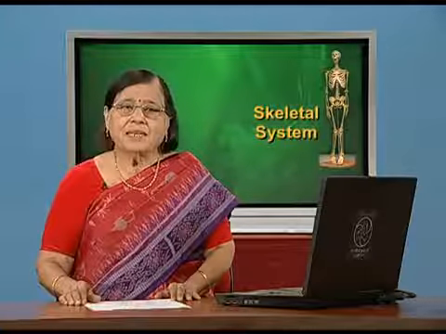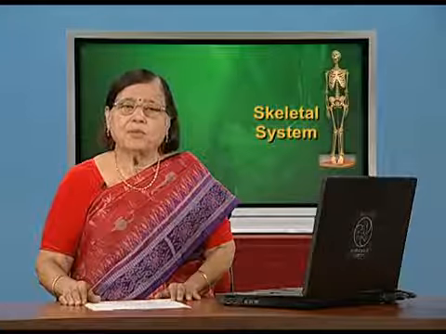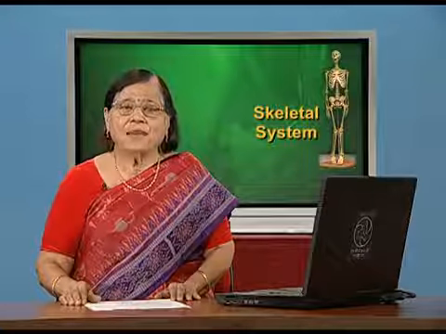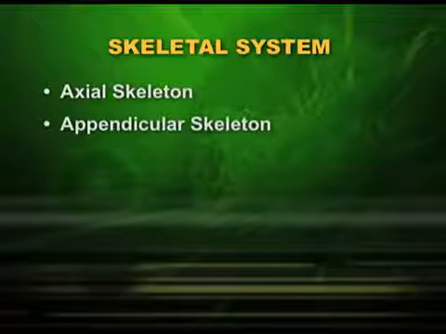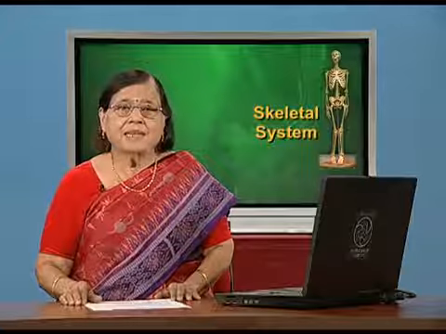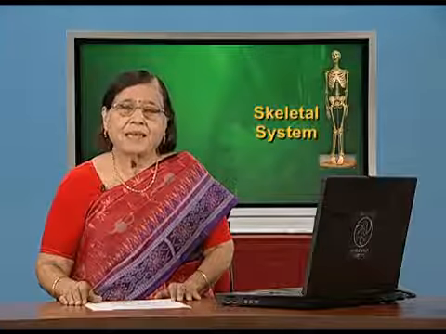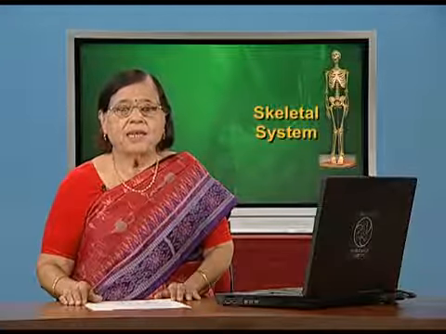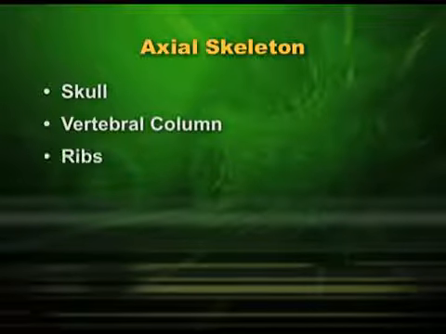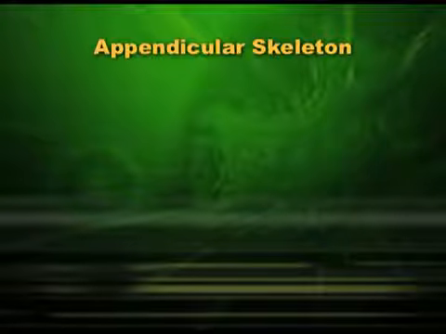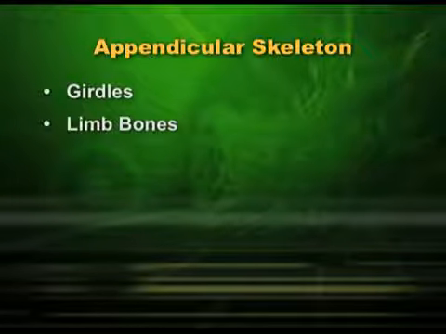We discussed in detail the 206 bones in our body, the axial skeleton and the appendicular skeleton. The axial skeleton, which makes the axis of our body, includes the skull, vertebral column and the rib cage, and the appendicular skeleton will include the girdles and the limb bones.